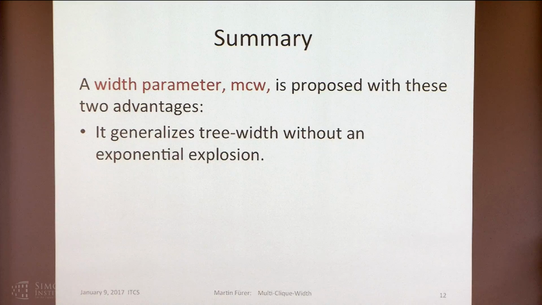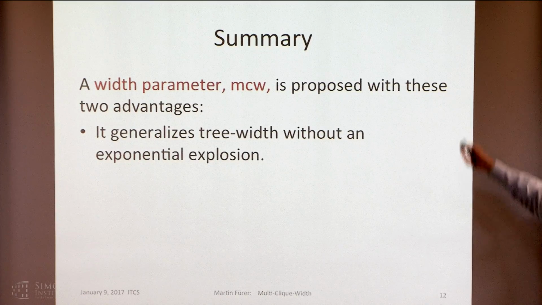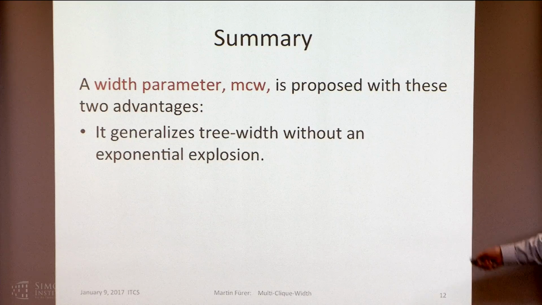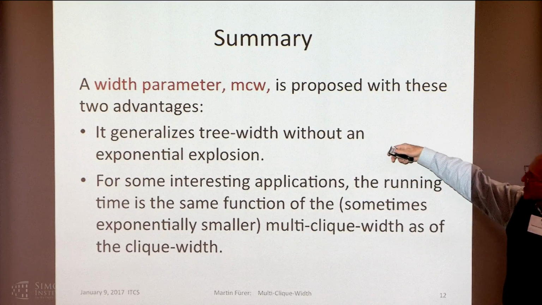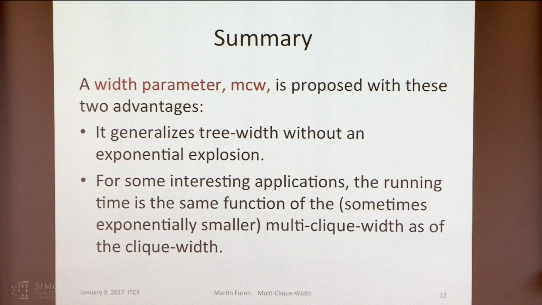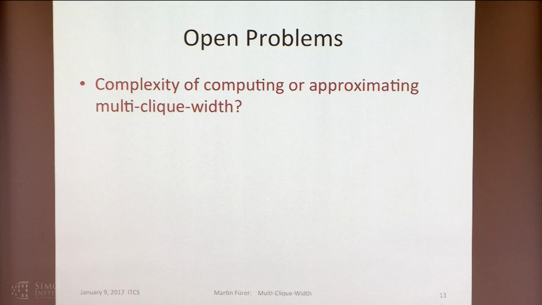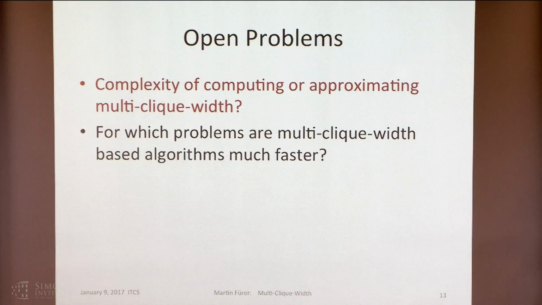So a width parameter, multi-clique-width, is proposed with these two advantages. It generalizes tree width without an exponential blow-up, and some interesting applications are still very, very fast in terms of this parameter. And naturally, most interesting problems are still open.